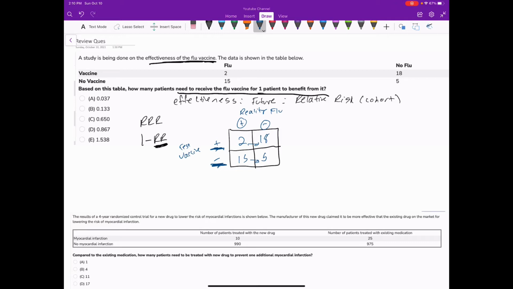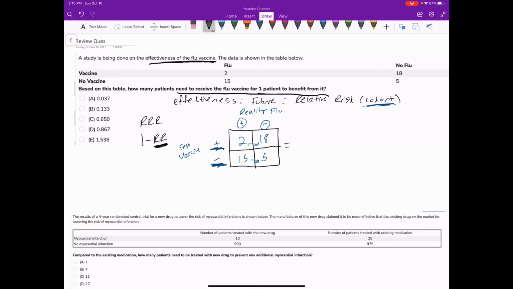So they didn't ask about specificity, sensitivity, PPV, or NPV. They just asked about relative risk. And we know it's a cohort study, so what does that mean? Well, cohort studies is going to do 1 over 2 numbers, so 1 over 1 plus 1, for example, over same exact thing, 1 over 1 plus 1, right? That's really not the best way to describe it, but it's the way that makes sense in my head.